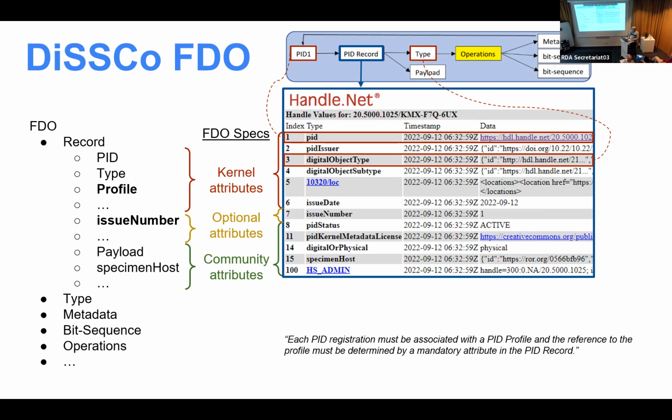You see that there are also in the record some community attributes, so specific descriptions of the object, so that the machine can determine that it's the right object. It will also contain an identifier for the physical object, which can be an IGSN or whatever ID is used locally to attach to the sample.